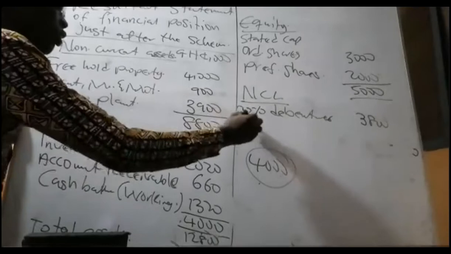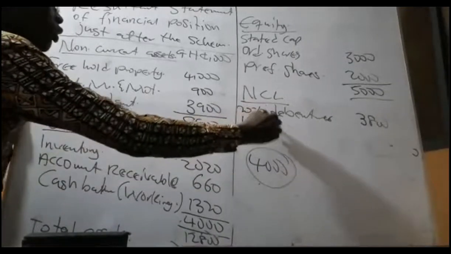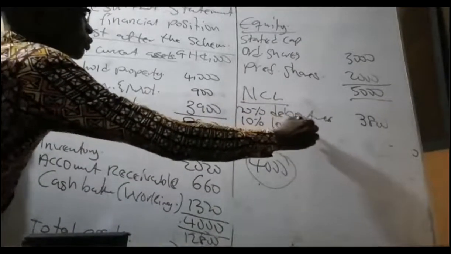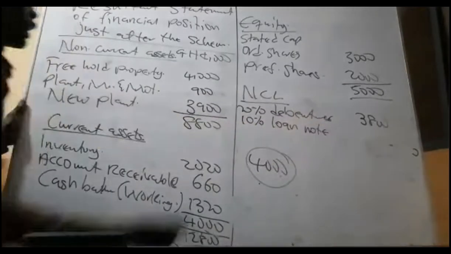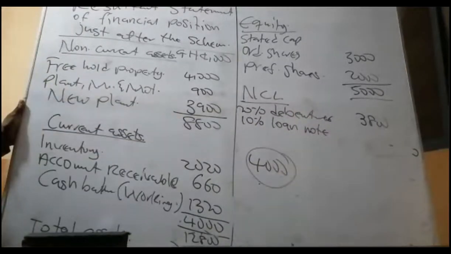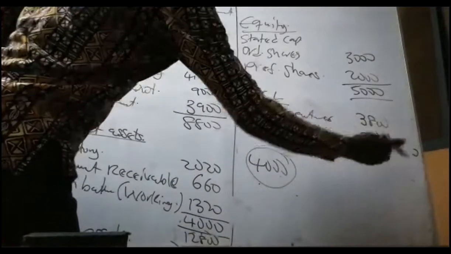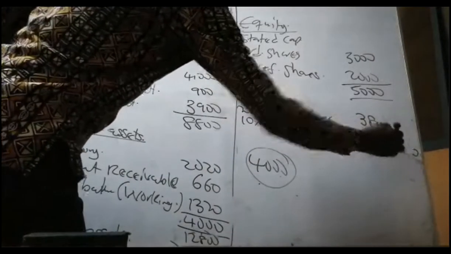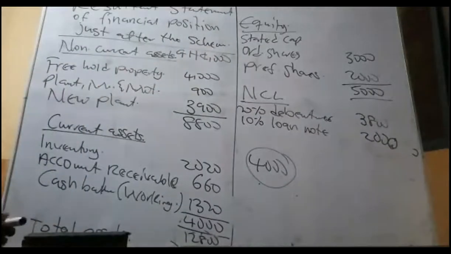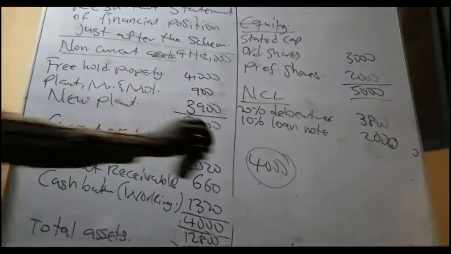So 10% loan note coming from the bank overdrafts. The 2 million that we said they should convert. So here must be like this. Perfect. So that will be 2,000. That's all for non-current liability.